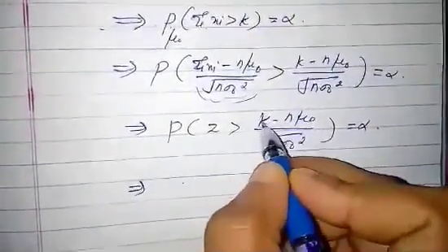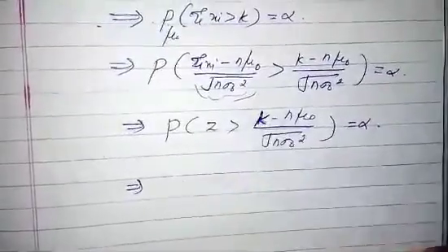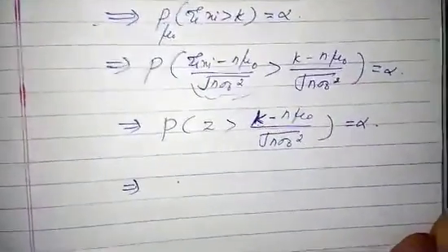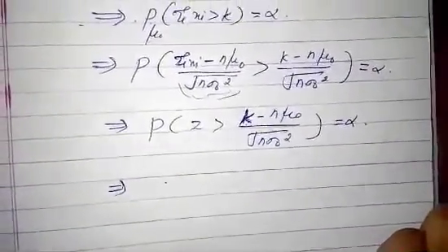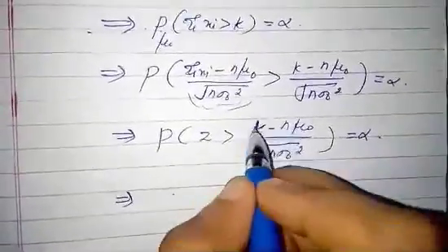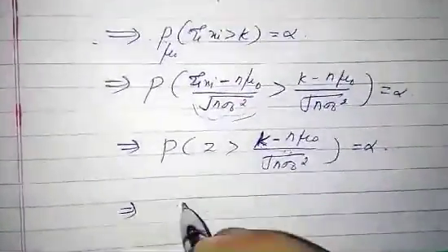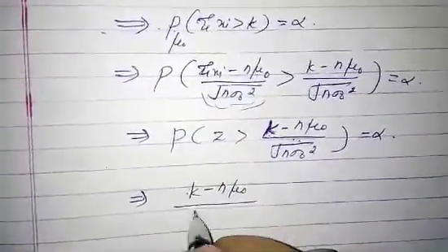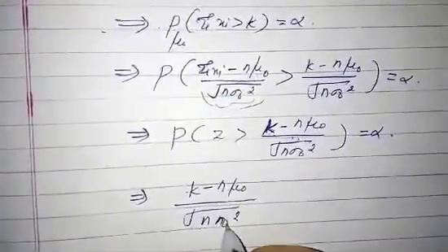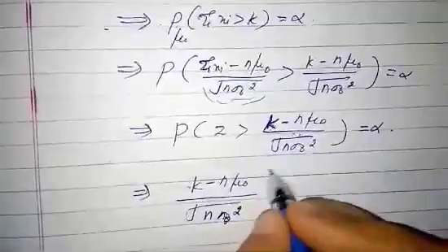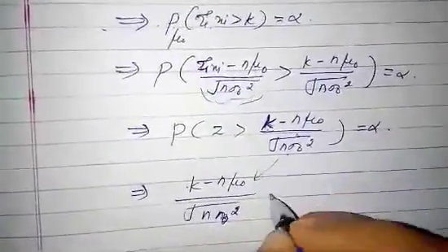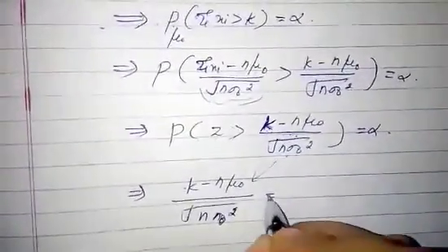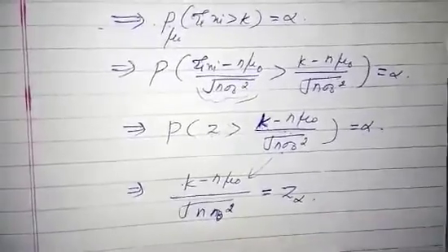Here we want to find the value of k, so we can use the table values of the standard normal distribution. The probability that Z is greater than this value equals alpha, so we can write it as z alpha.